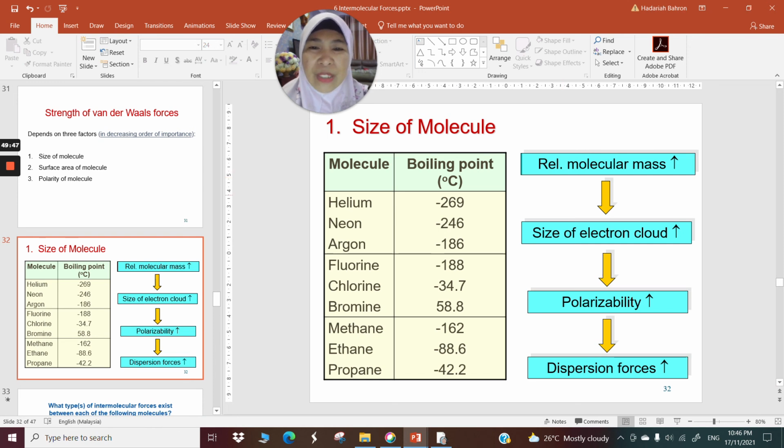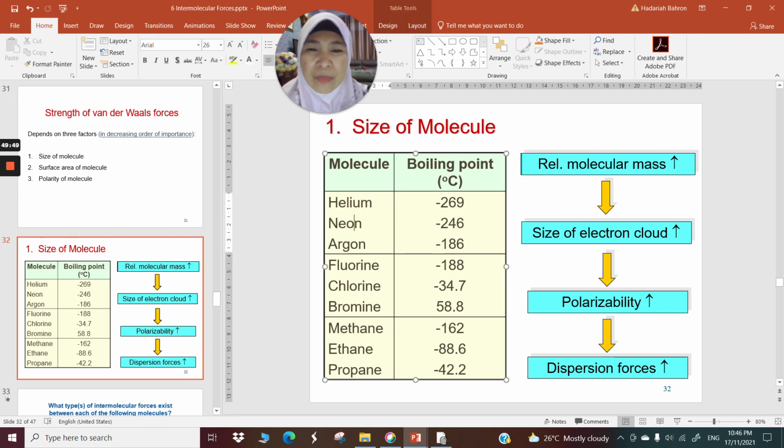Looking at helium, neon, and argon, these are all noble gases. Fluorine, chlorine, and bromine are all halogen molecules. Methane, ethane, and propane are all alkanes, small, big, and biggest. Look at the boiling point.